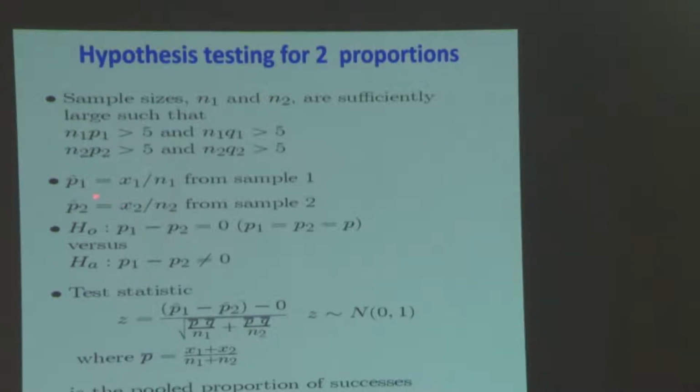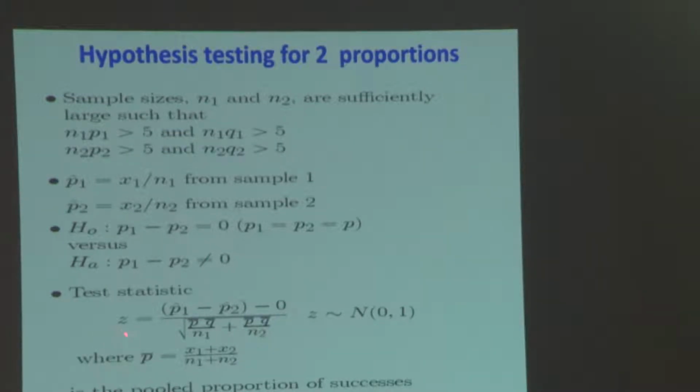And so we set our null hypothesis that proportion 1 minus proportion 2 is equal to 0. In other words, proportion 1 is equal to proportion 2. And the alternative, that P1 minus P2 is not equal to 0, meaning that P1 is not equal to P2. And once again, not equal means it is a two-sided test.